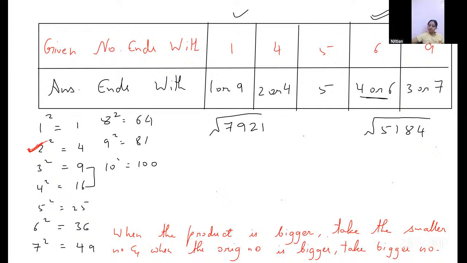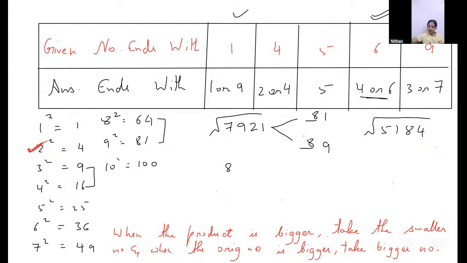Okay. For 7921, we are going to take the 1 that is there. So 1 and 9. 79 is coming in between 64 and 81. So 8 and 8... 81 and 89.